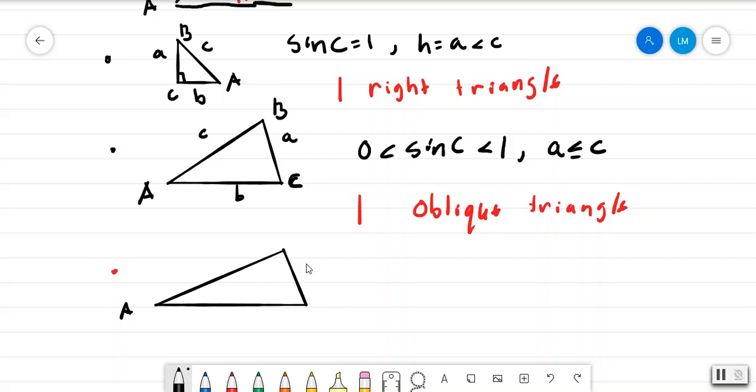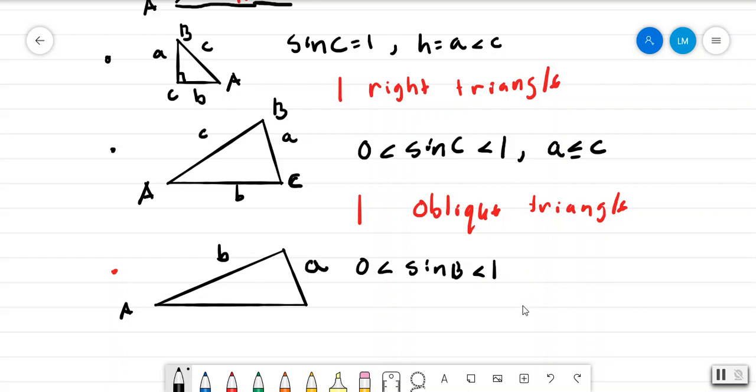The reason it's a little tricky, and that I'm not going to label it entirely, is because we have these two sides, A and B. So A is going to be less than B, but it's going to be greater than the height. So we'll say that 0 is less than sine of B, so sine of B less than 1.